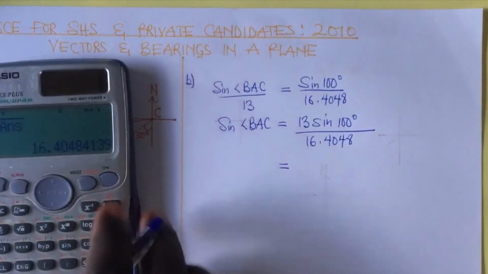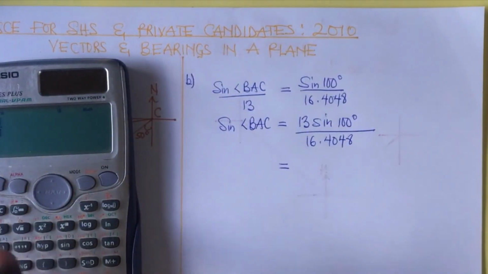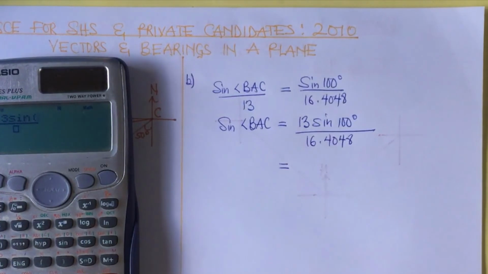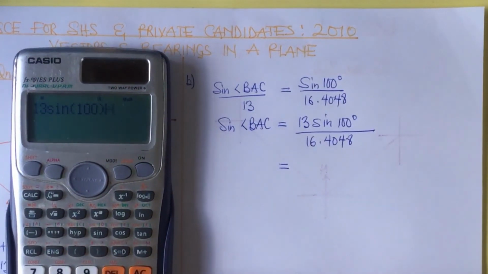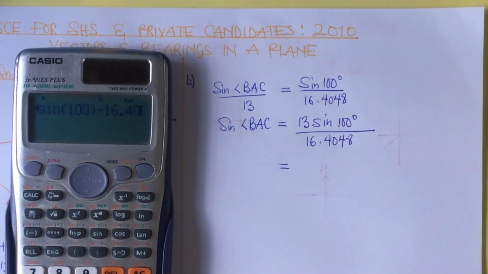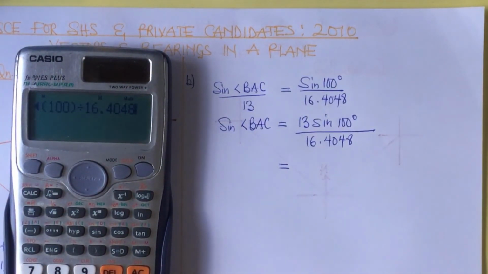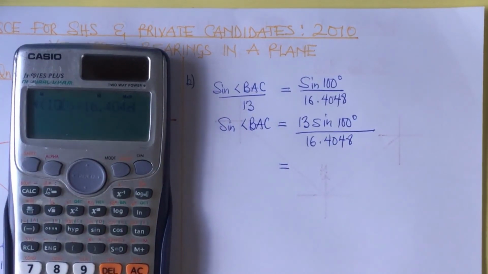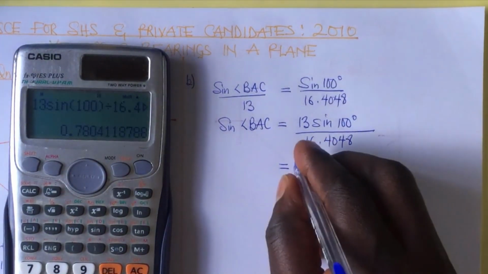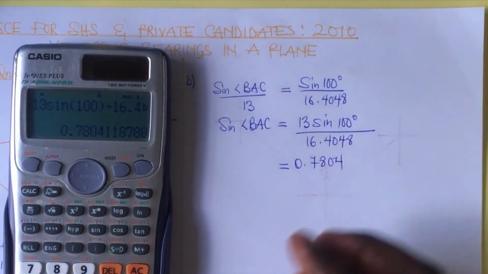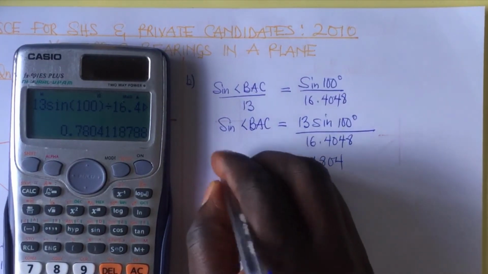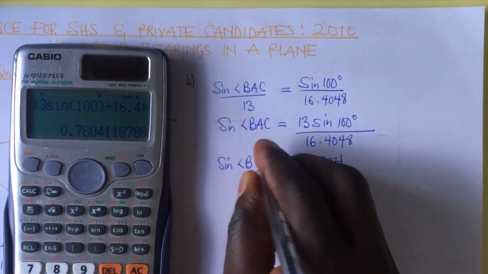And with the help of our calculator, 13 sine 100 degrees divided by 16.4048 is giving us 0.7804. So to get the angle, we have to find the sine inverse.